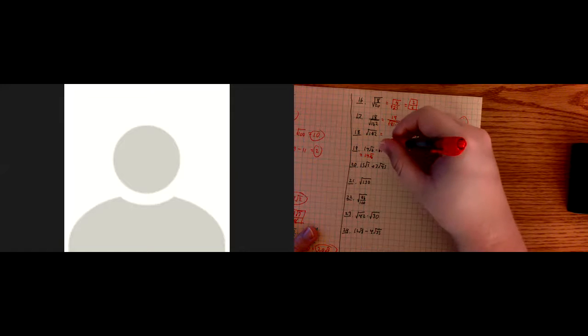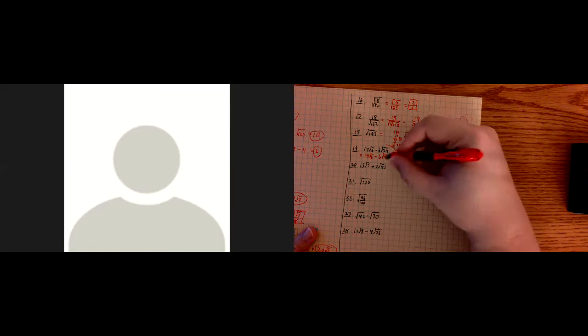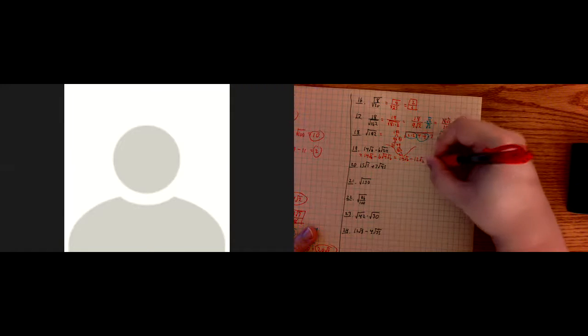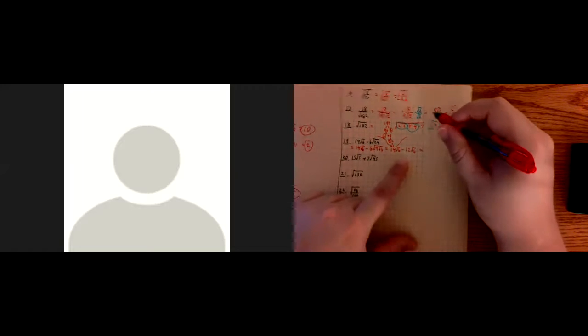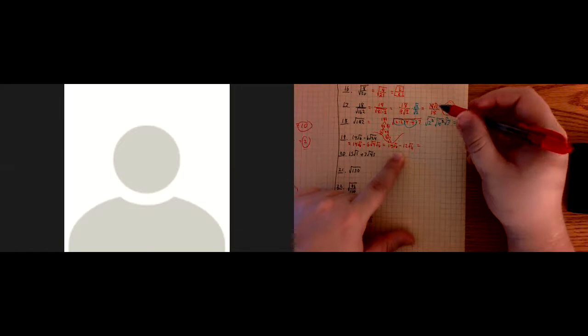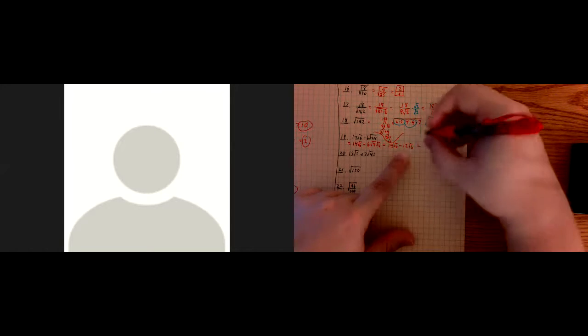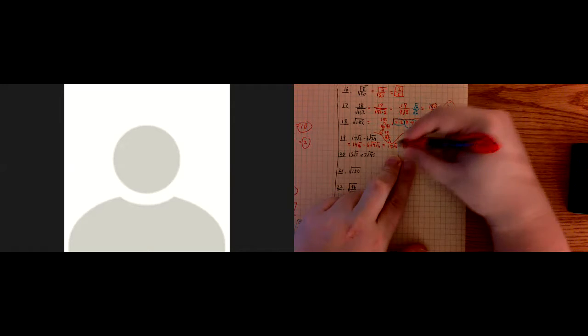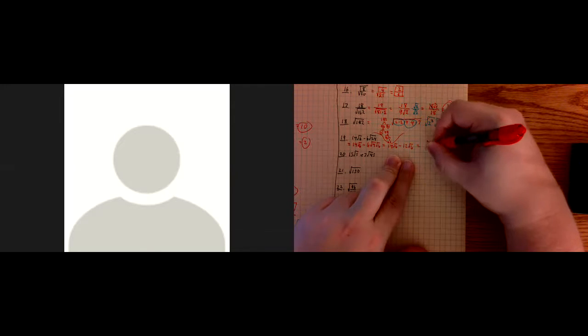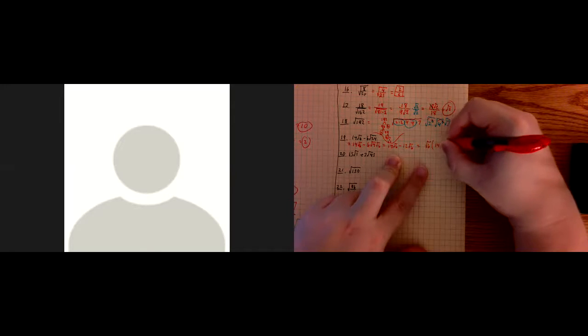The 24 can be broken down into 4 and 6, because 4 times 6 is, of course, 24, which means this becomes 14 square root of 6 minus 12 square root of 6. Now, we didn't talk about this today because I figured it was remembered, but you can factor this. We can take a square root of 6 out of both pieces, leaving me 14 minus 12.